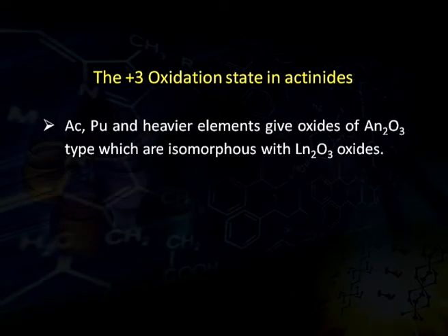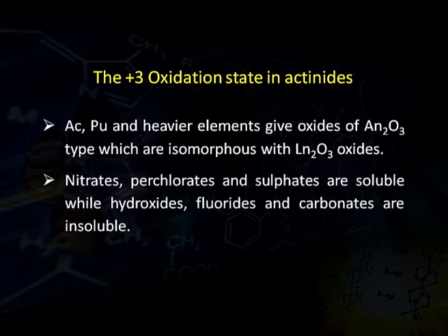Actinium, plutonium and heavier elements give oxides of An2O3 type, which are isomorphous with the lanthanide Ln2O3 type of oxides. Nitrates, perchlorates and sulfates are soluble, however the hydroxide, fluoride and carbonates are insoluble in nature.